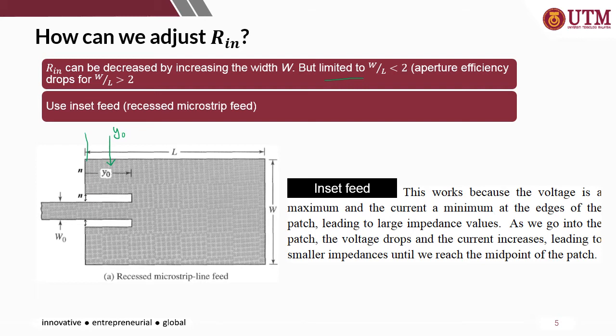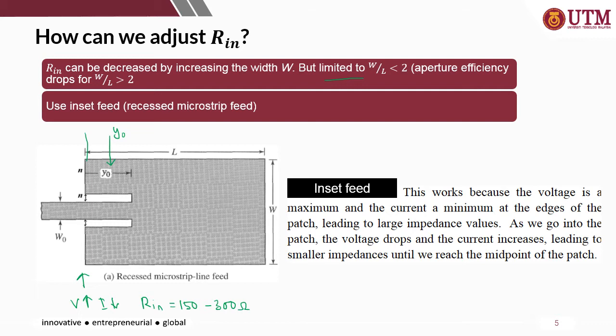Alright, so at the edge of the patch antenna, the voltage is maximum while the current is minimum, which yields a higher impedance. Okay, so R in here is between 150 to 300 ohms.